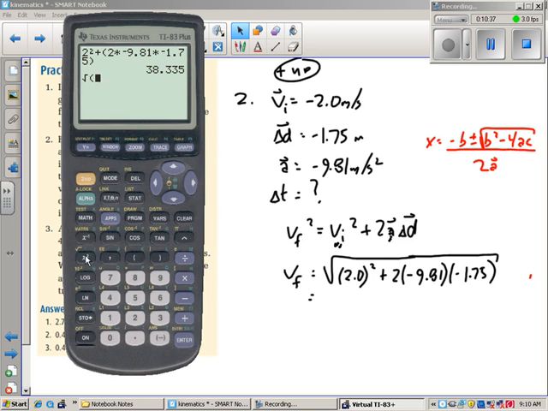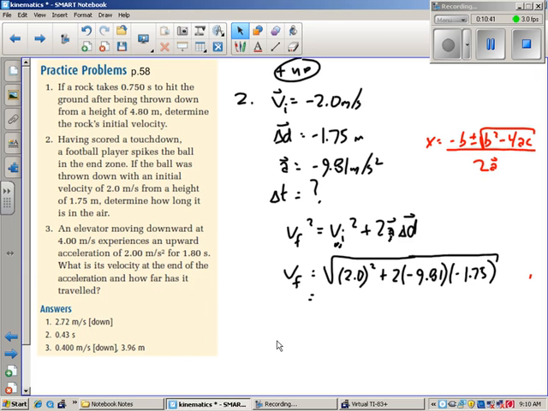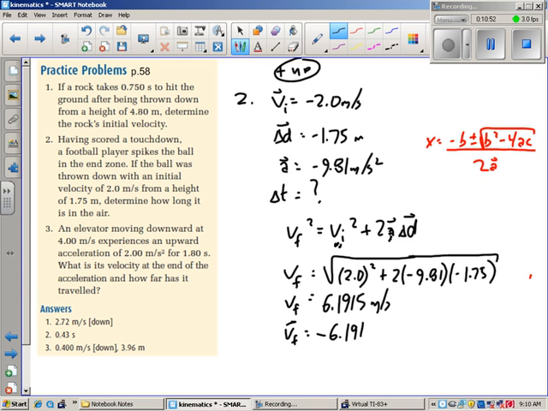Let's square root that. We end up getting 6.1915. Okay, that's VF. VF velocity would be negative 6.1915 meters per second because it's downward, right? Throw a football downward, which way is it moving at the end of the problem? Downward.